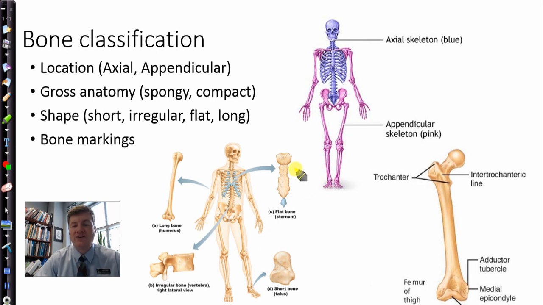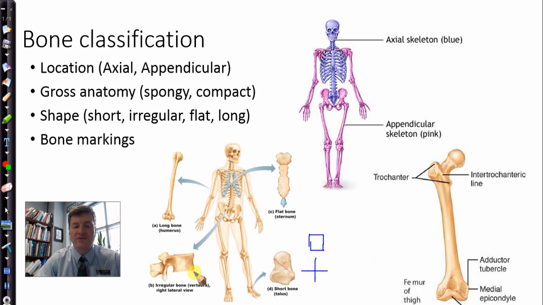Some bones, like the sternum, for example, is considered a flat bone, and we'll look at its internal anatomy in class. Short bones are approximately about the same distance this way as they are this way. So if you think about a short bone being roughly squarish, then that's a good way of seeing a short bone.